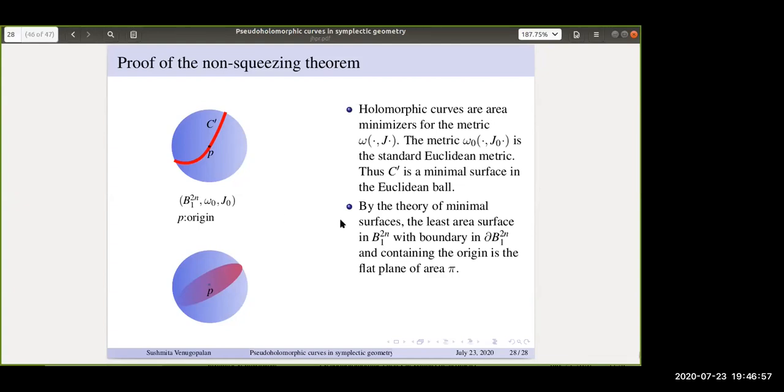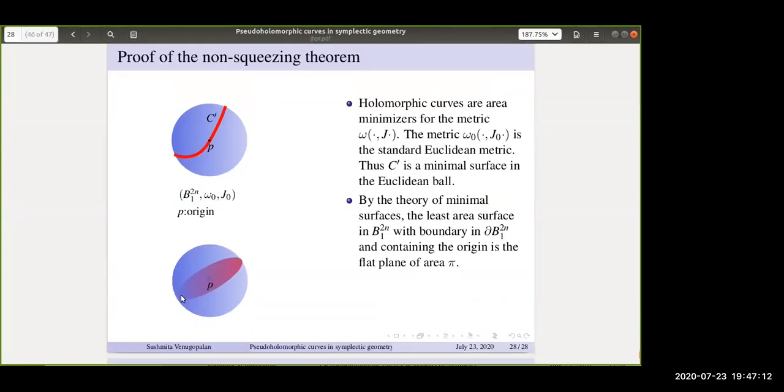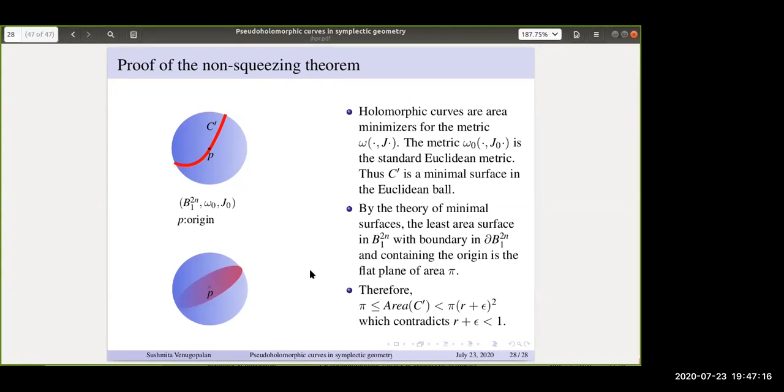In the Euclidean metric, the minimal surfaces are just planes. So if I tell you that a minimal surface passes through the origin, it necessarily has to have area at least pi. Therefore, the area of C prime has got to be at least pi.